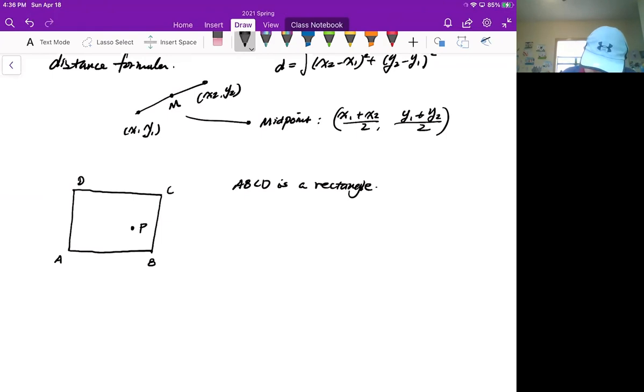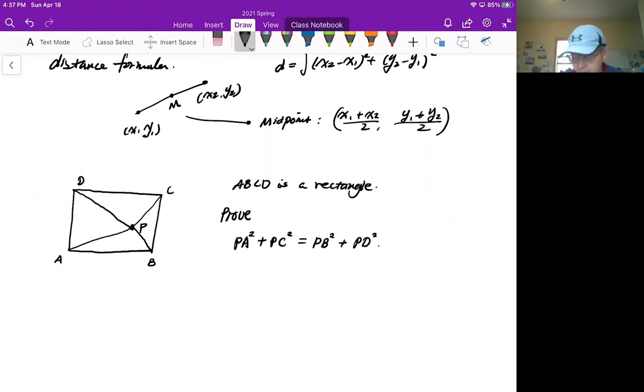And then you can connect PA, right? PB, and PC, and PD, right? So you got that one here, right? And then I want you to prove the following. PA square plus PC square equals PB square plus PD square.